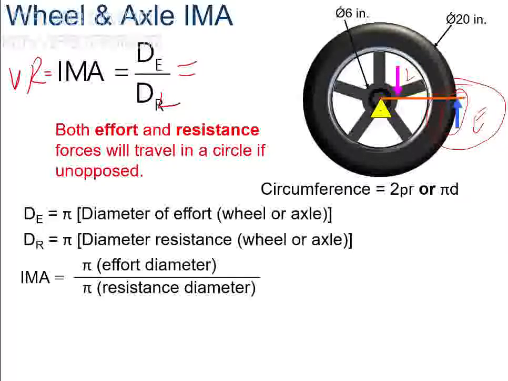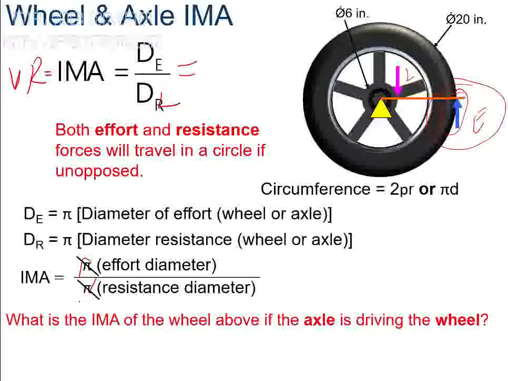Therefore, for the ideal mechanical advantage, pi cancels out, and finally it is effort diameter over resistance diameter. Therefore, velocity ratio is equal to diameter of effort over diameter of load.